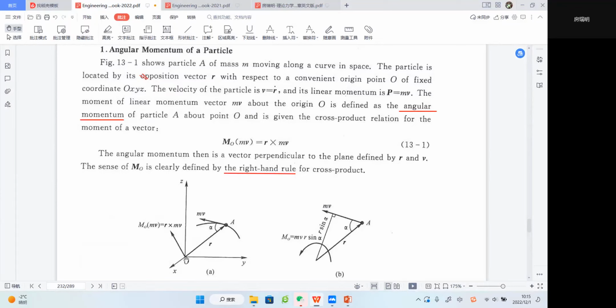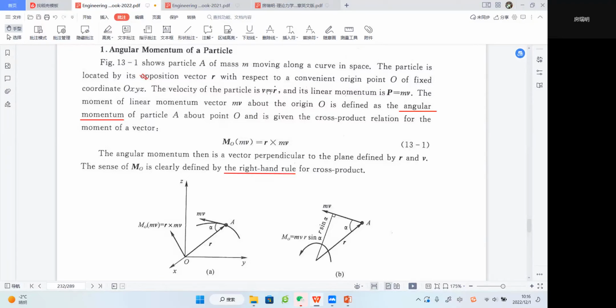So this origin point O, when we link O and A, we use OA to denote this particle A's position vector r, right? So this position vector r is with respect to a convenient origin point O of the fixed coordinates O, X, Y, Z.